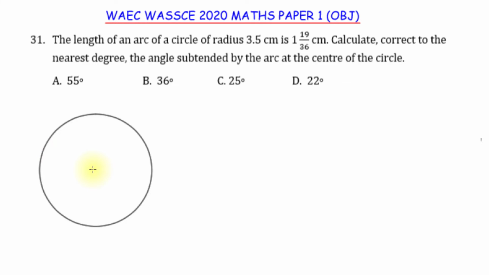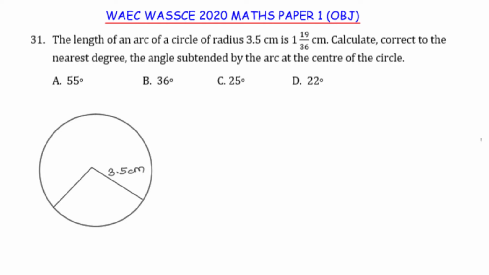So if you look at that particular radius, those are the radii, and we are given this to be 3.5 centimeters, but the length of this arc is 1 whole number 19/36 centimeters.